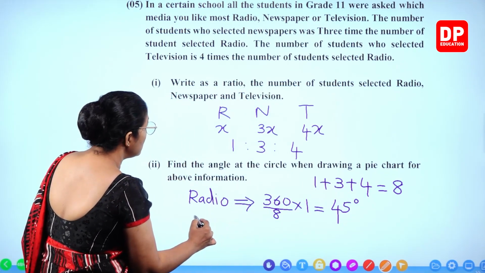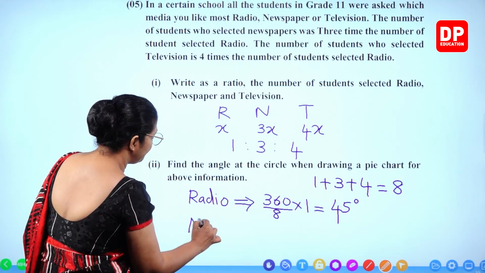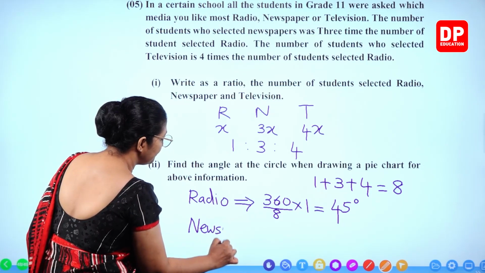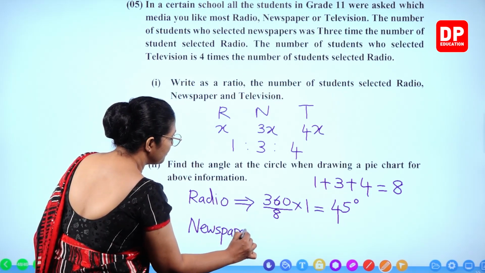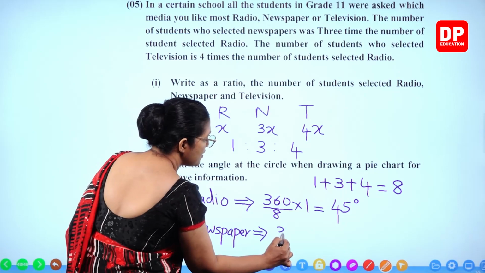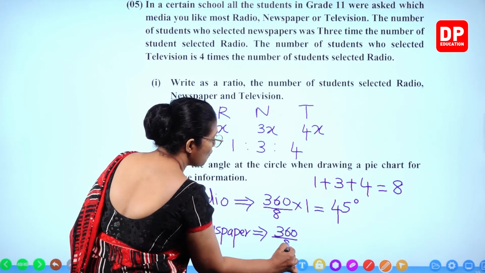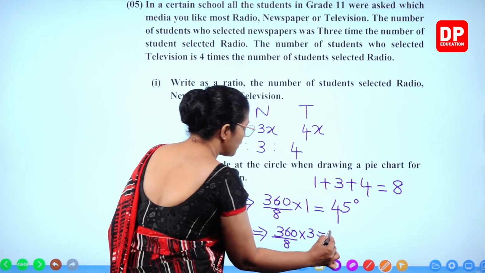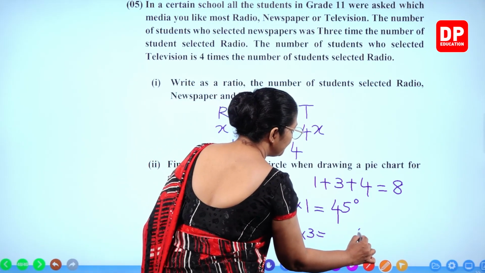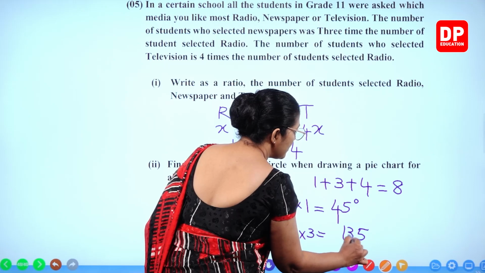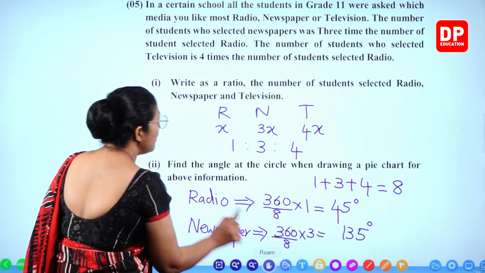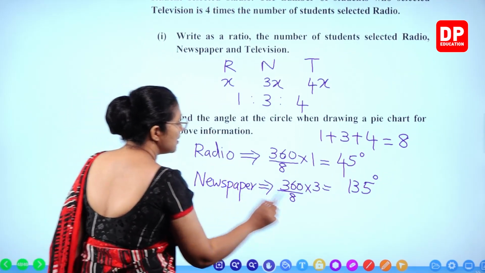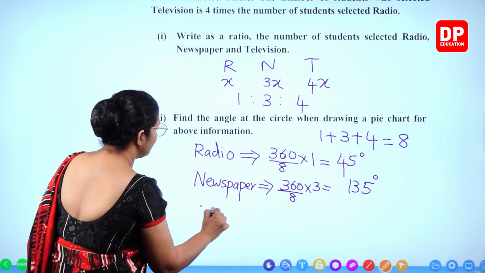What about the newspaper part? 360 divided by 8 is one part and there are 3 parts like that. So 45 times 3 is 135. Then what about the angle for television?